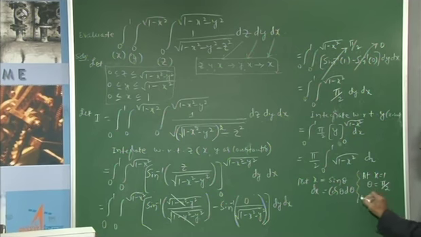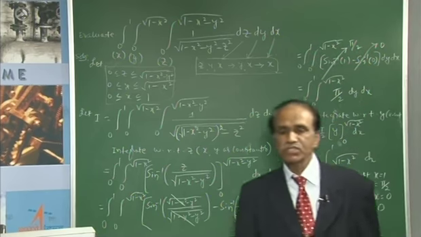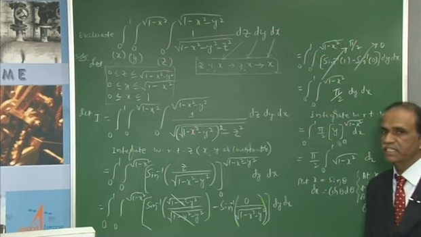This is one limit. And at the lower limit, x equal to 0, theta is equal to sin inverse of 0, that is equal to 0. Sin inverse of 1 is 90 degree because sin 90 is 1.